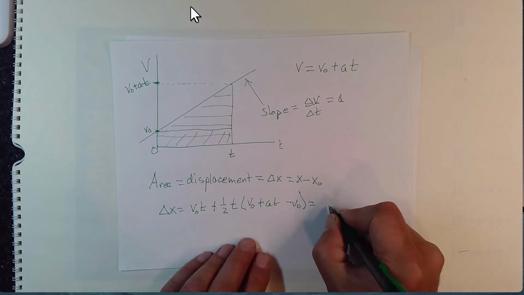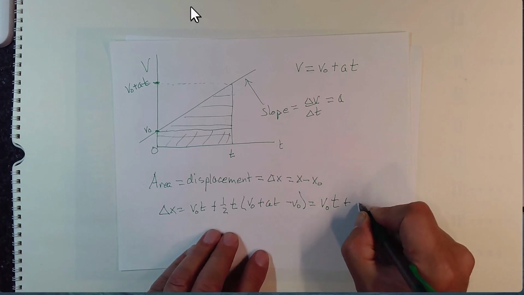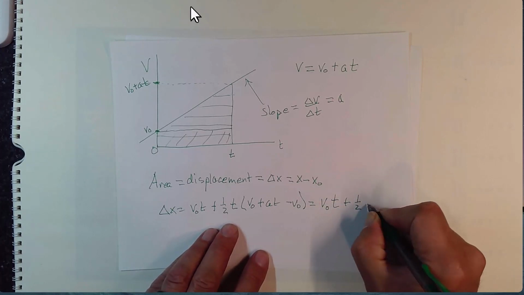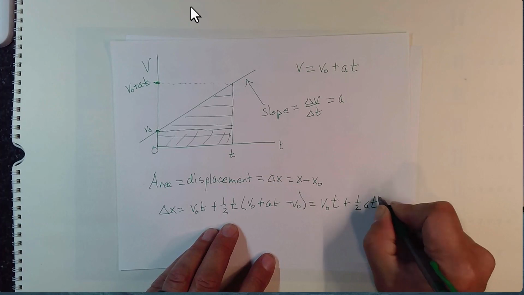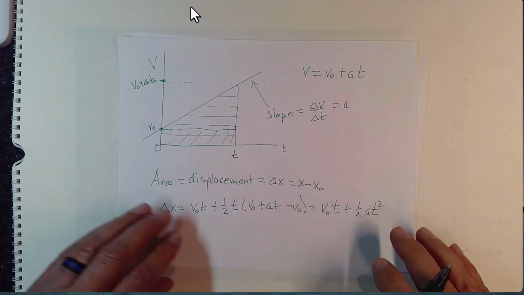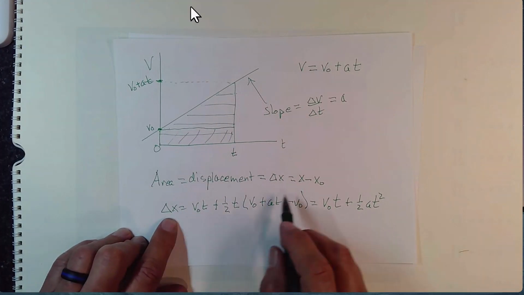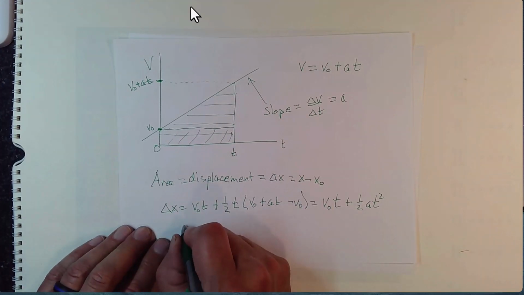At any rate, we'll end up with v0 t plus 1/2 at squared. And that's pretty interesting. That means delta x is x minus x naught.